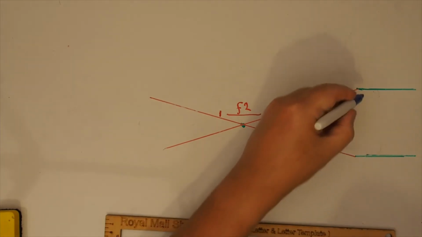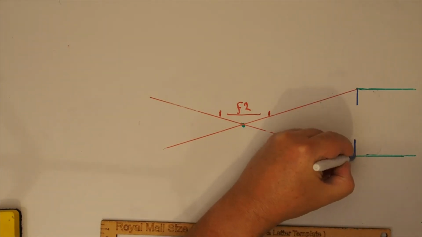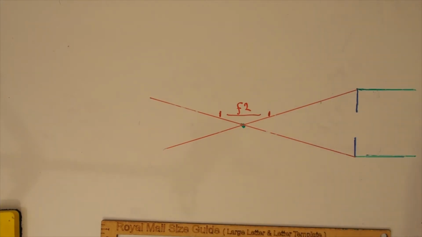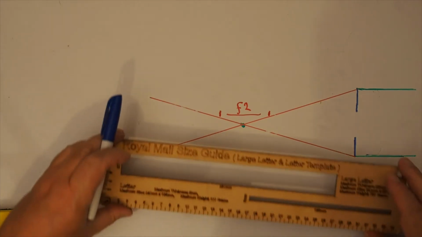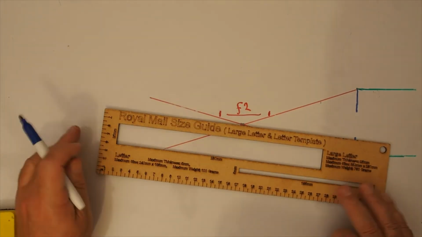I decide to shut my lens down, so I make the aperture smaller. Let's close it down to, for argument's sake, F8. Here then I draw my lines again, this time in blue.